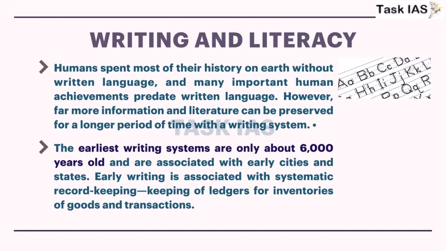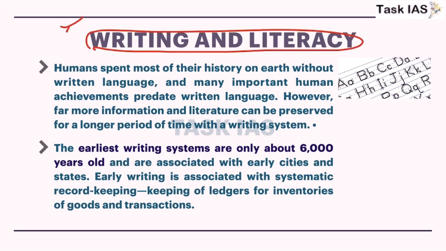Now writing and literacy. Language has a part in print also. So how has the writing style in language developed? It was about 6,000 years ago that writing was developed. And in today's time, the focus is on literacy, where people are analyzed on their ability to comprehend, whether they can read, speak, or do some basic calculations.